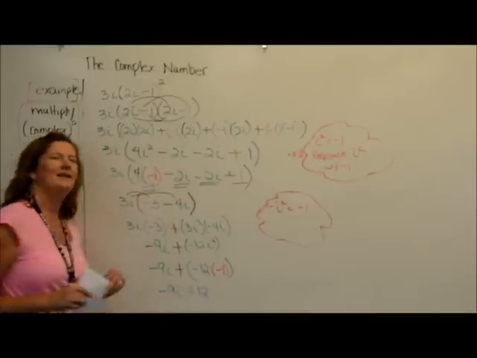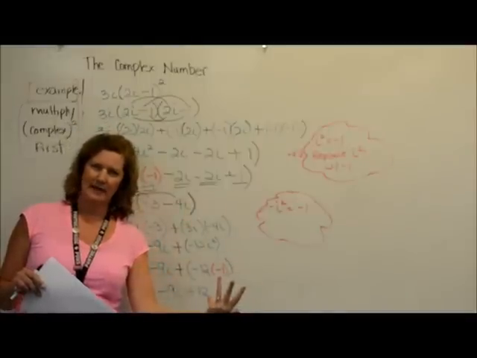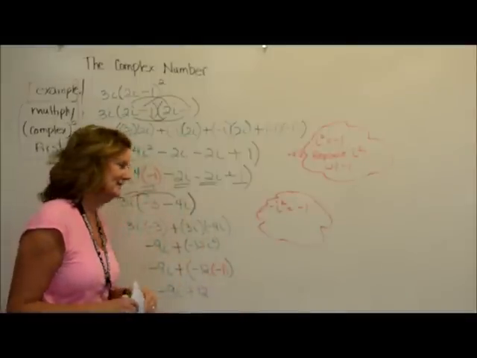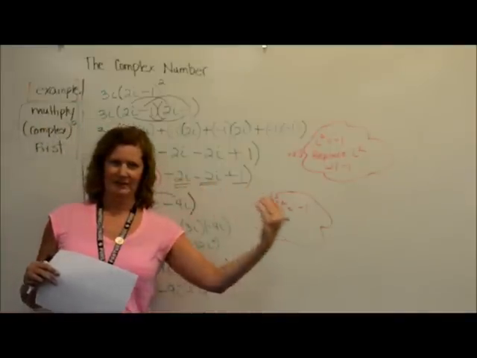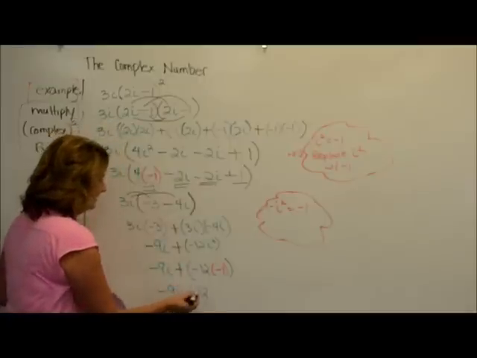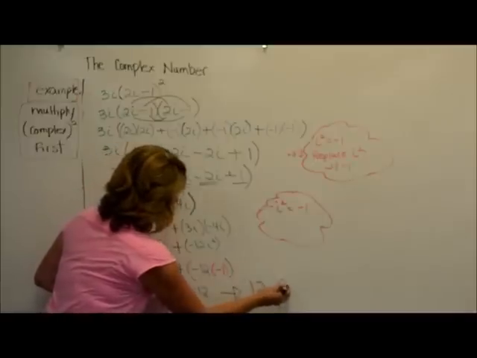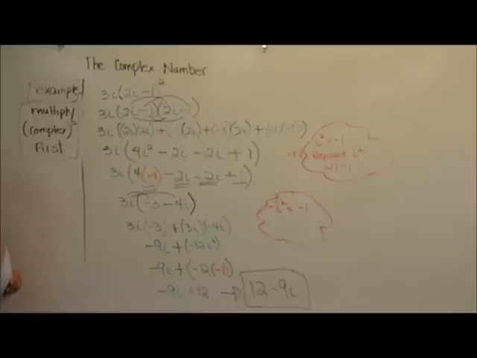Now, when we write a complex number, we put the real portion first and the imaginary portion second. Okay, so real first, imaginary second, because it takes a real person to actually have an imaginary person, right? Okay, so I'm going to rewrite this, and it's going to be 12 minus 9i, and that is my answer.